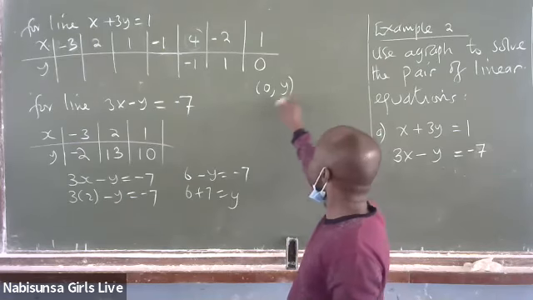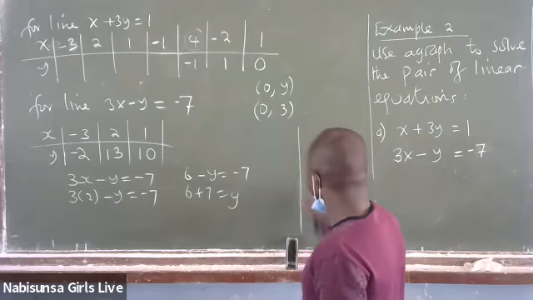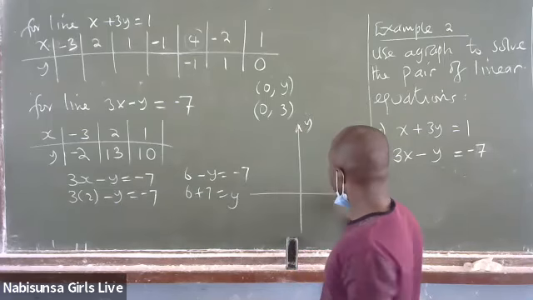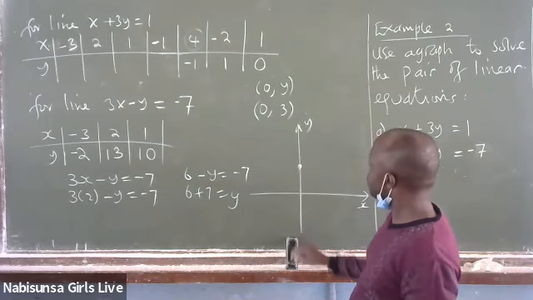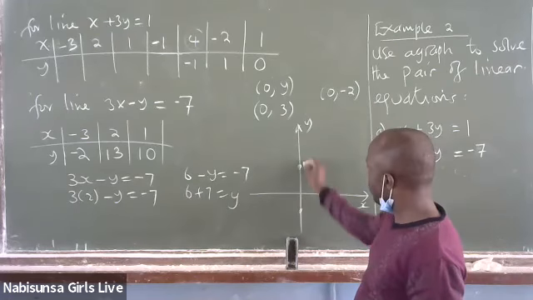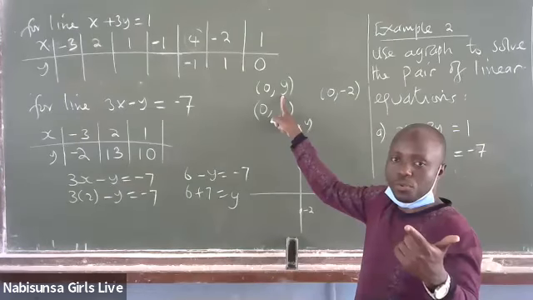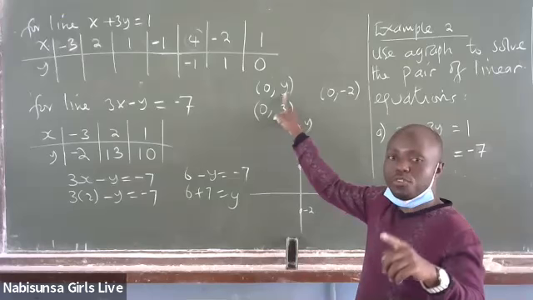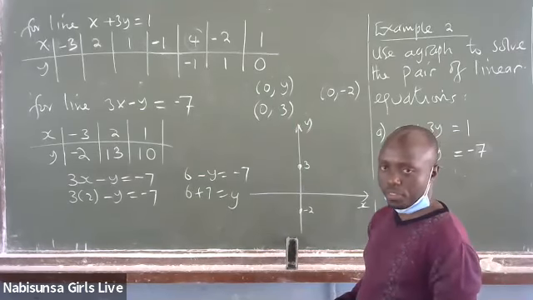For example, 0, 3 is here. 0, minus 2 is here. This is 3, this is minus 2. So any coordinate that starts with a 0 and ends with a value, that is the value of y. Just look for this value on the y-axis. I hope you're fine with that.